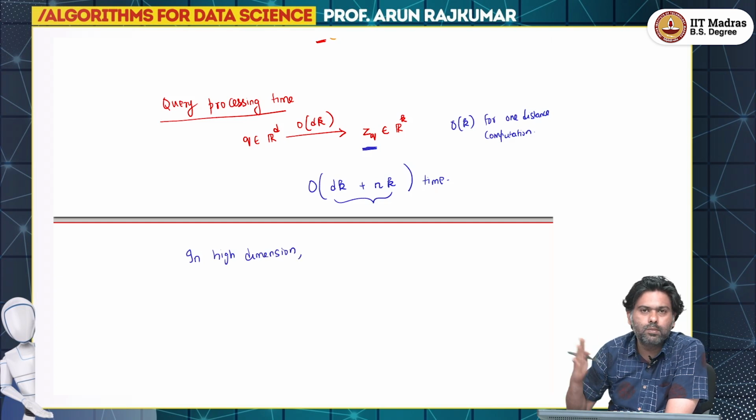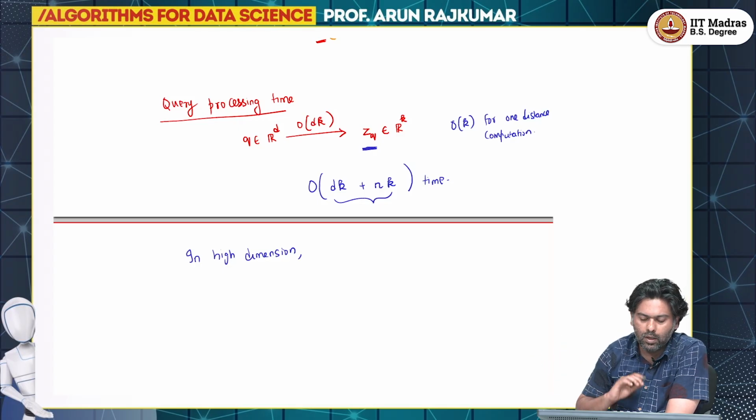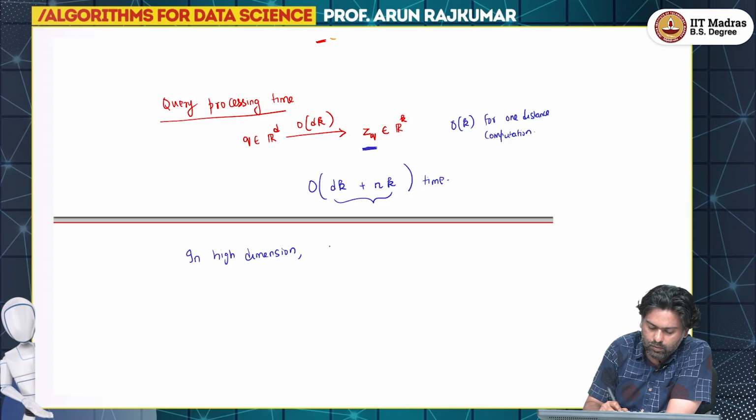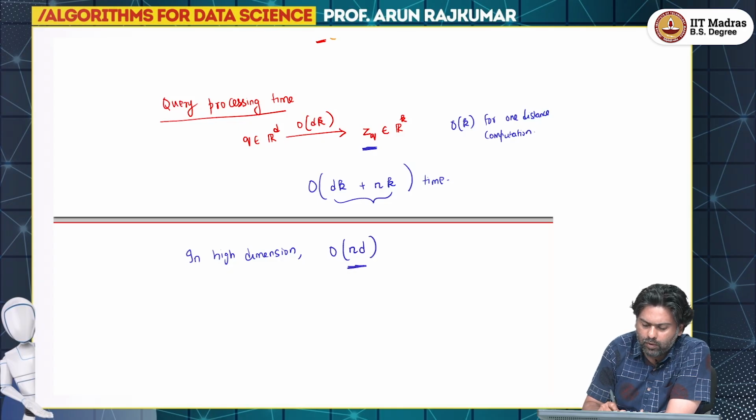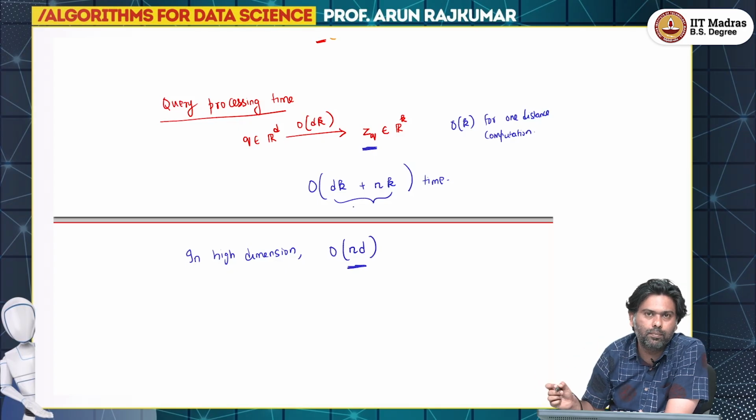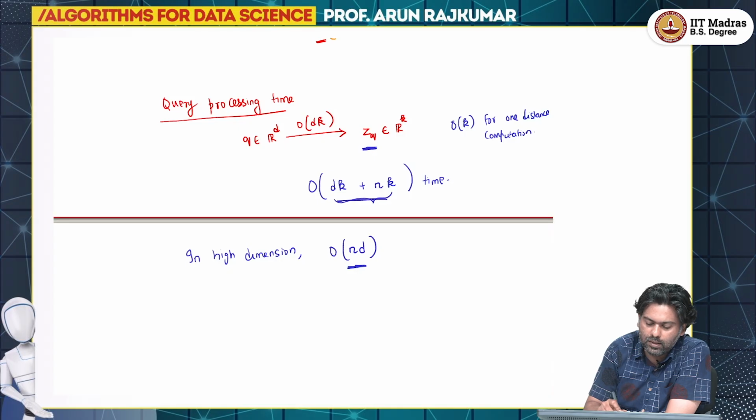The query point comes, there is no transformation or pre-processing. It's in d dimensions, and I will have to do it n different times. So that's going to take order of nd. Now order of nd might be much higher than order of nk plus kd.